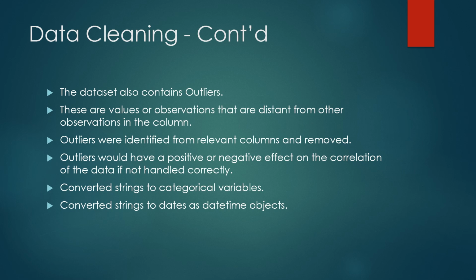It should be noted that outliers will have a positive or a negative effect on the correlation of data if not handled correctly. As part of the data cleaning effort, relevant string columns were converted from strings to categorical variables, and 3 columns were converted from strings to dates.